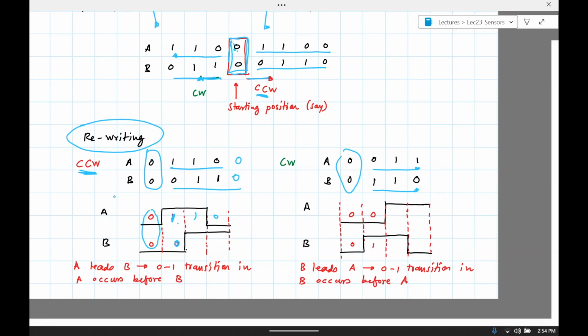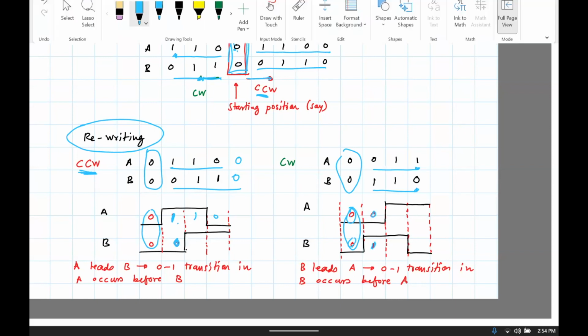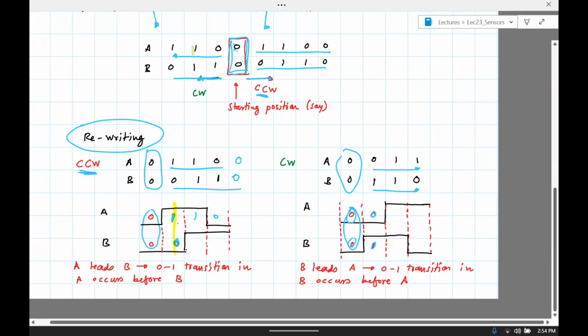So A leads B. If you compare it with here, we have the same start, 0, 0, but here B comes out to be 1 before A. So all you need to do to sense the direction is note this: for counterclockwise, A leads B, A hits 1 before B, and for clockwise, B hits 1 before A. Just noting that fact, you can figure out the direction. That's all there is to it: just the leading and lagging.